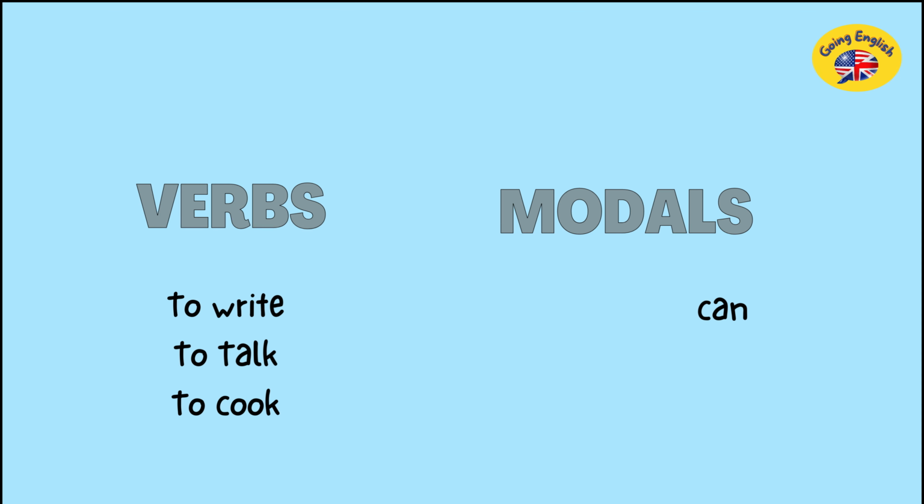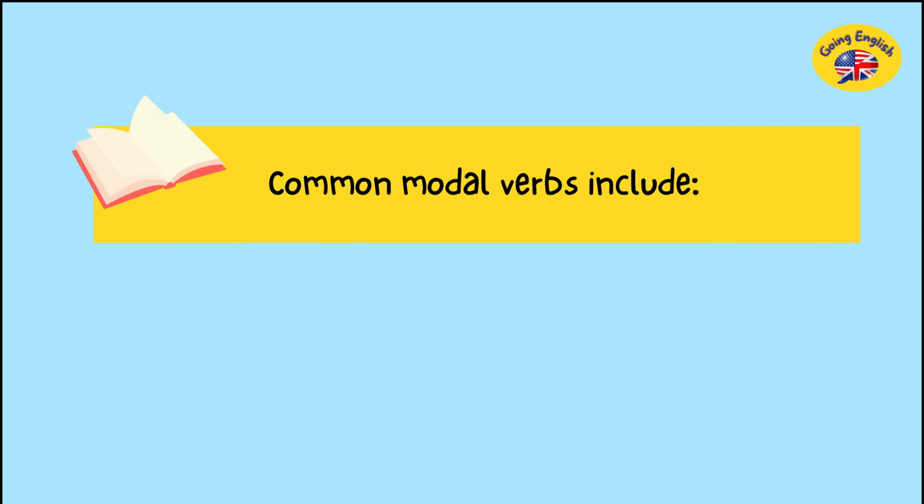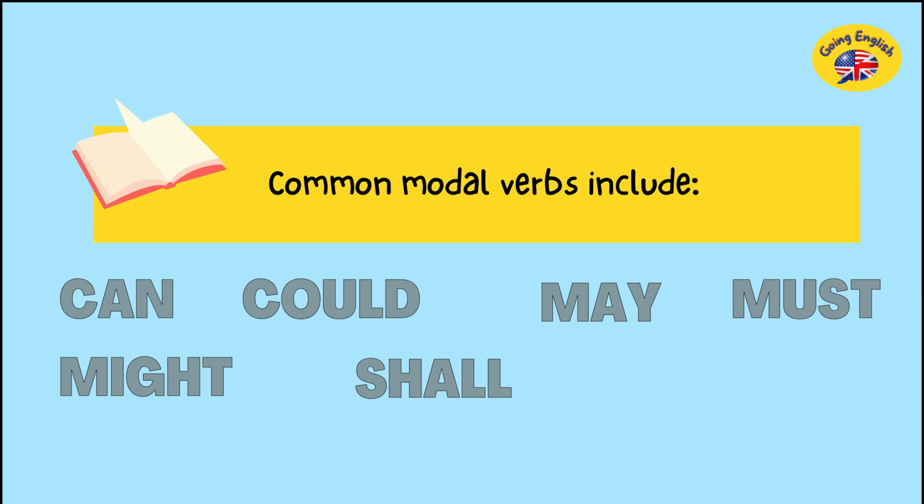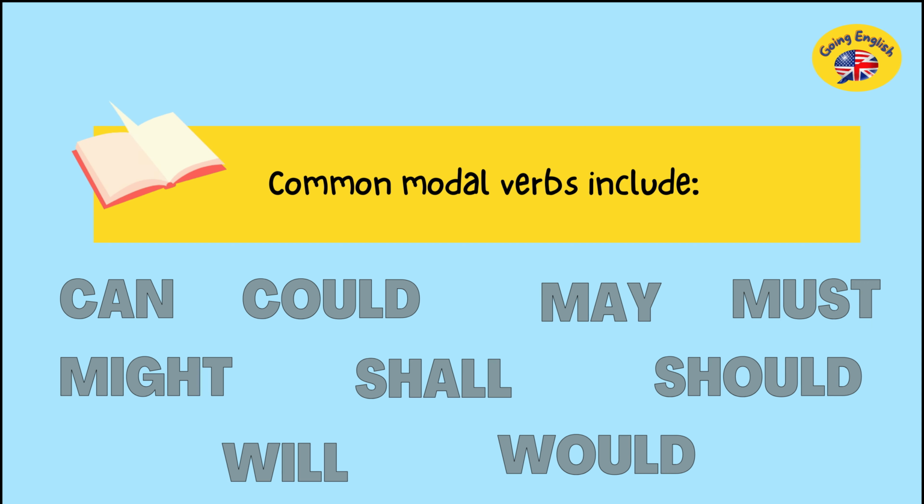Other verbs: to write, to talk, to cook, with modal verbs: can, could, may. There is no to at the beginning. Common modal verbs include can, could, may, must, might, shall, should, will, and would.